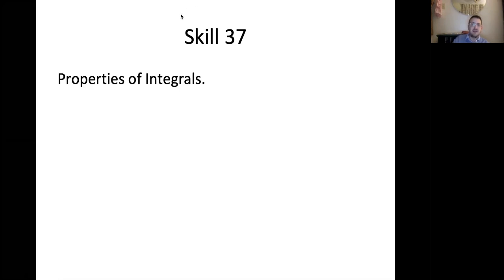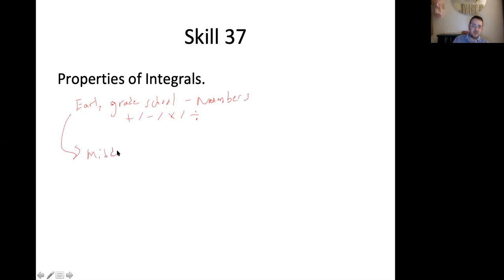When you were in kindergarten, first grade, you learned about numbers. So early grade school, you learned about numbers. And a few grades later, you learn that you could add, subtract, multiply and divide. And then in middle school, you started learning about variables in algebra class.